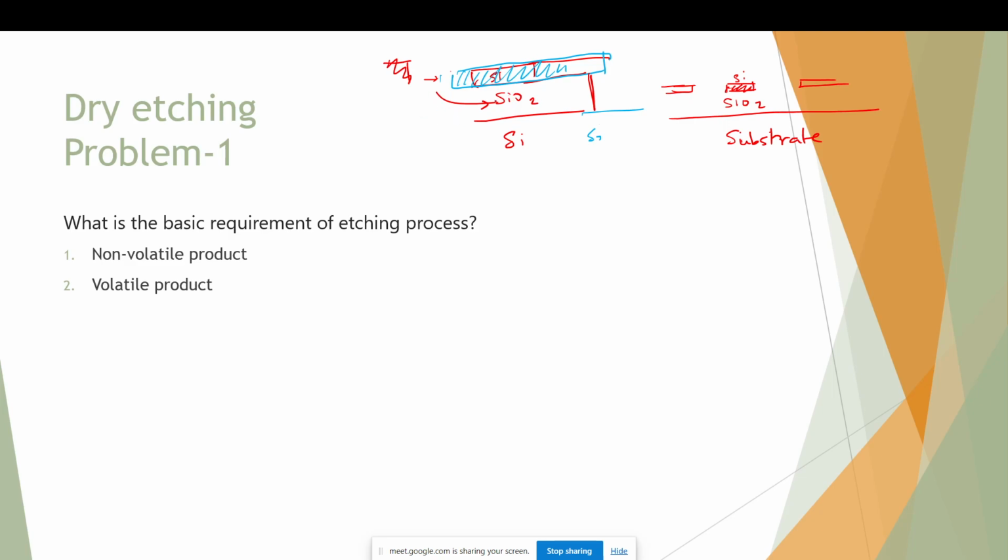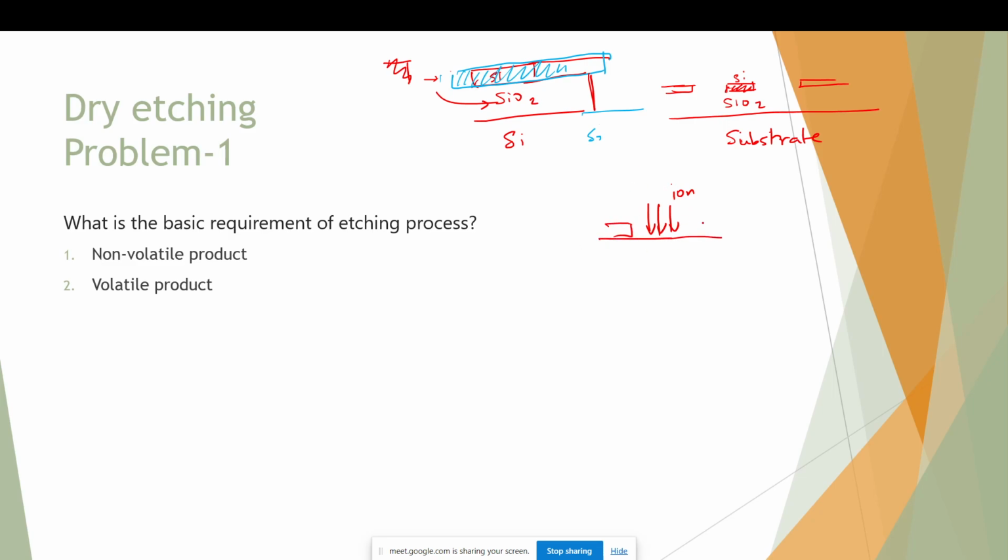So in such situations, wet etch is a much better tool, simply because in dry etch we are using a plasma and that plasma will not give us a lateral etch. In dry etch we get very good anisotropy simply because we are doing ion bombardment.